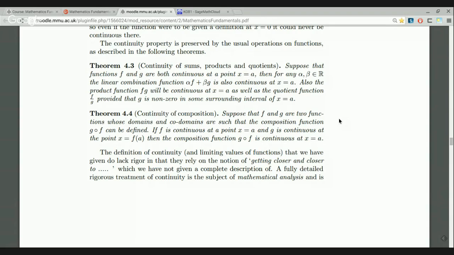The crucial factor is, as epsilon gets smaller and smaller, can you always find a corresponding delta, which will also be getting smaller? Can you always find one so that the whole interval around a of radius delta gets mapped inside the interval of radius epsilon around f of a? If you can, then the function is termed continuous.